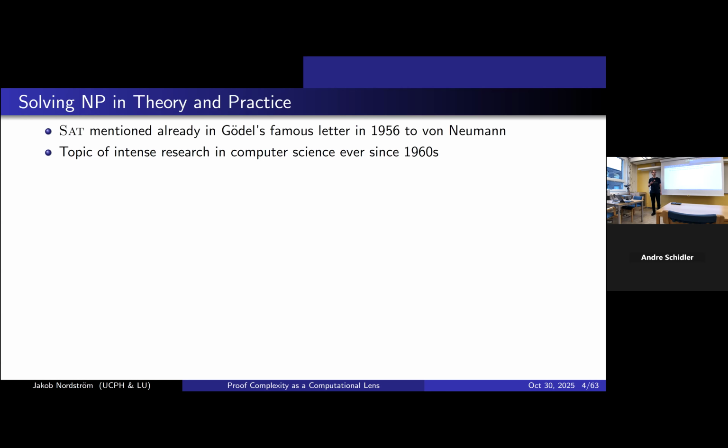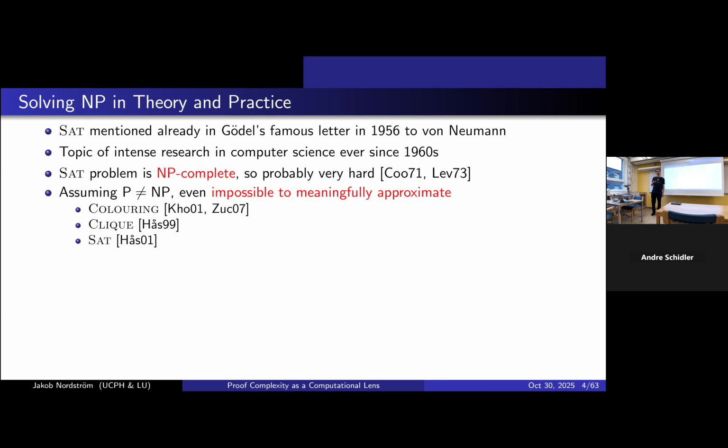Turns out that this is a question that has been studied ever since the dawn of computer science, even before computer science. Gödel and von Neumann were corresponding about it. There's been a lot of research about this. Cook and Levin proved in the 70s that this is an NP-complete problem, which probably means, for all we know, that it's very hard to come up with algorithms that always work, always run fast, always give the right answer.